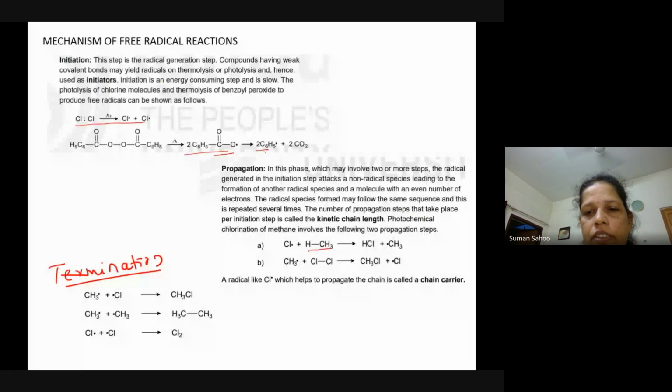In each propagation step, another free radical is generated again, so the chain goes on.